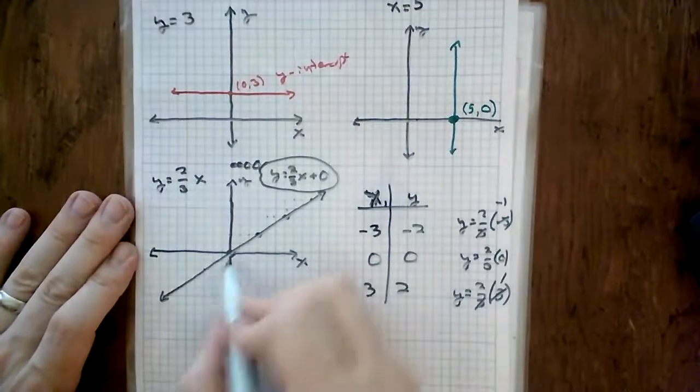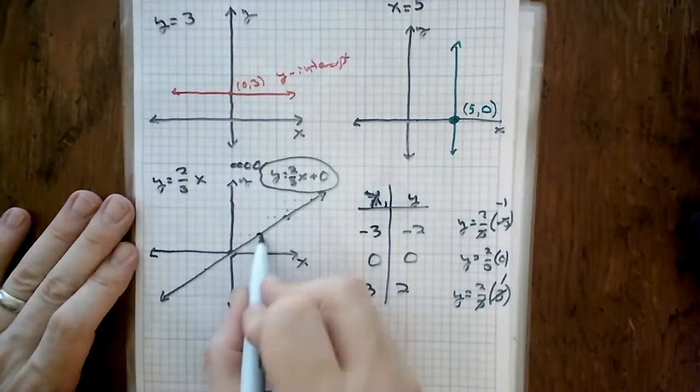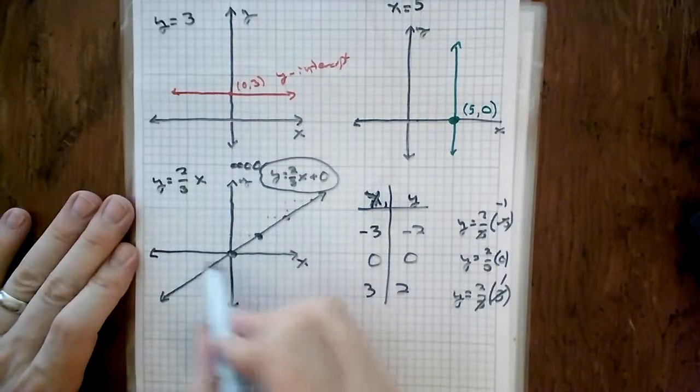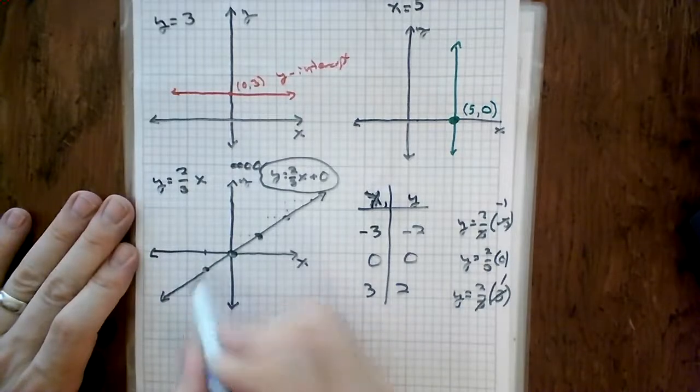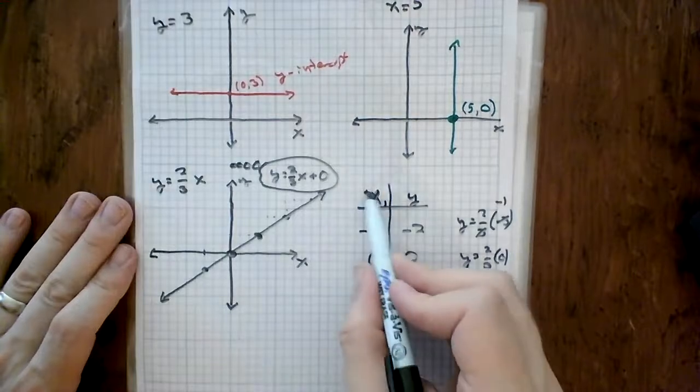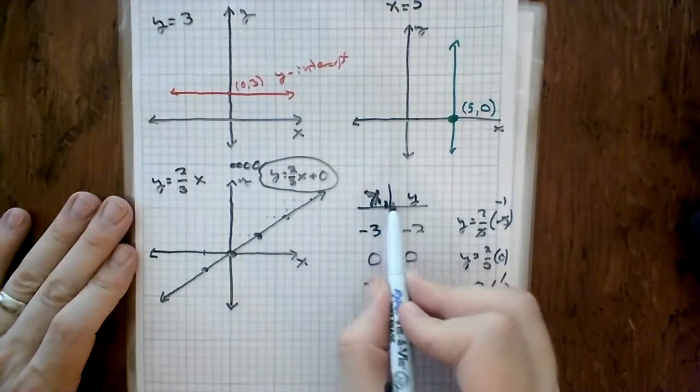And sure enough, when x is 3, y is 2. When x is 0, y is 0. When x is -3, y is -2. So it matches up right here.